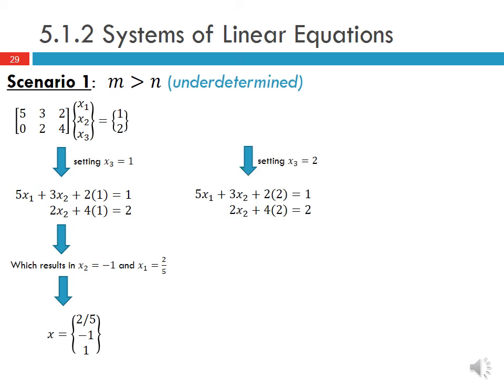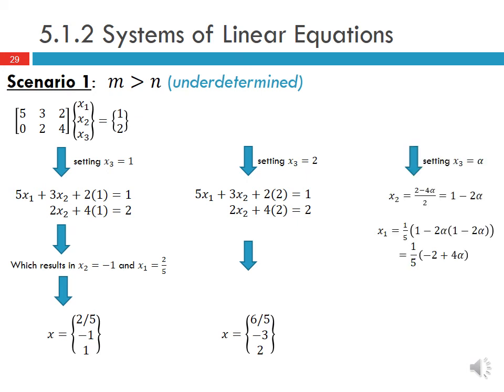I can instead set x3 equal to 2 and plug this into my 2 equations, and here I find that I have a different vector x, which is (6/5, -3, 2), that also satisfies my equations. In fact, if I set x3 equal to any real number alpha, I can solve for x2 and x1 in terms of alpha, and find my vector x in terms of alpha that satisfies my equations.